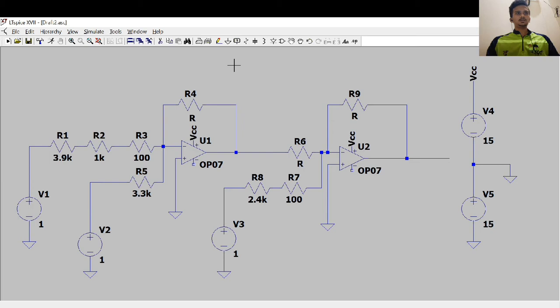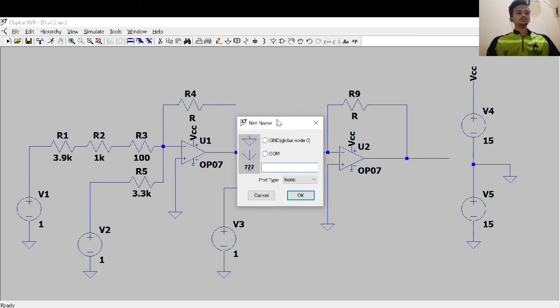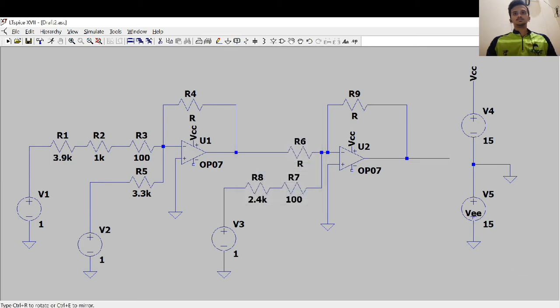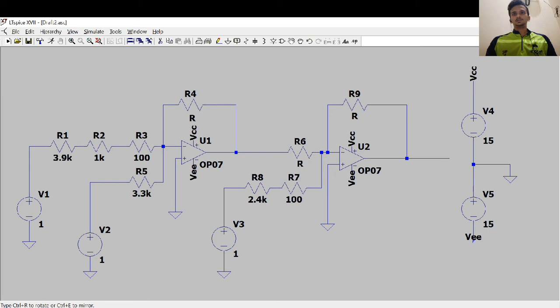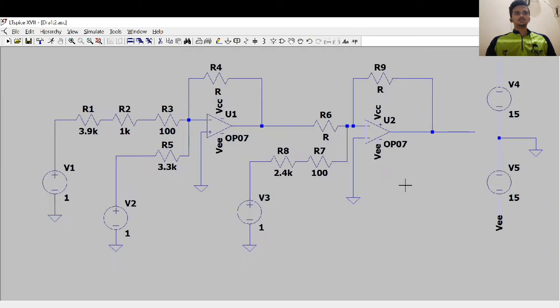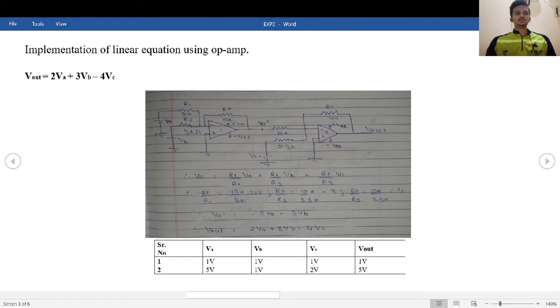We'll go for VEE. Sorry for that, I have connected ground here. This will be my VEE. So now we'll see for this condition: VA 1 volt, VB 1 volt, VC 1 volt.